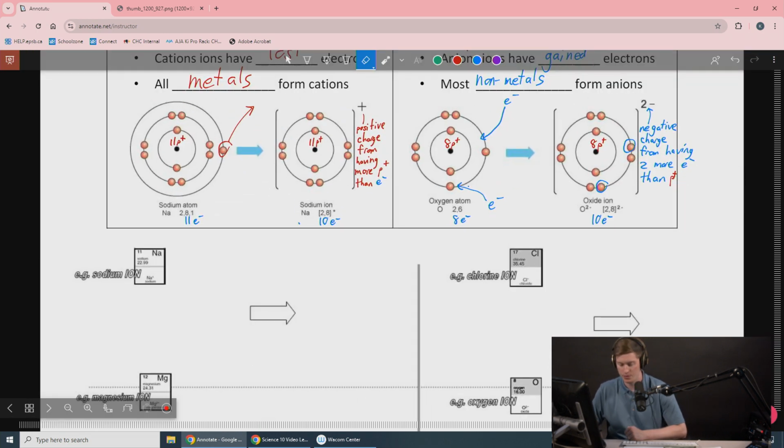Okay, we're going to draw a couple of Bohr diagrams to show this shift. But I need to make an important note, and I'm going to put that down underneath this chart. Only electrons move when forming ions.